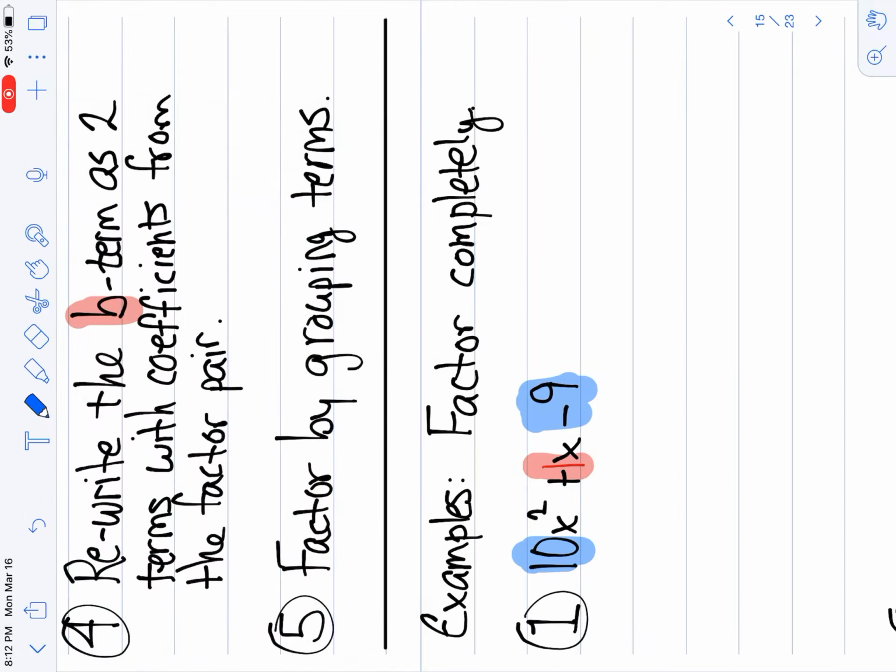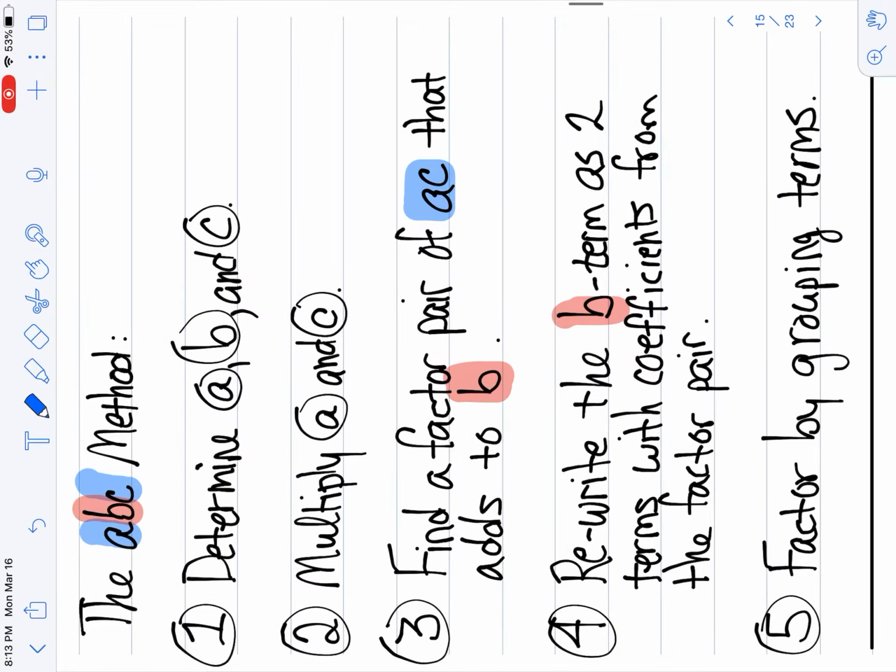So let's write these out over here. We have a is 10, b is 1, and c is -9. So that is step 1 of the process up there: determine a, b, and c.